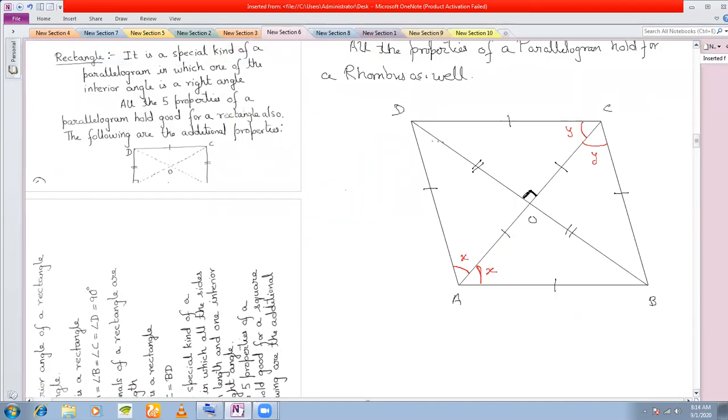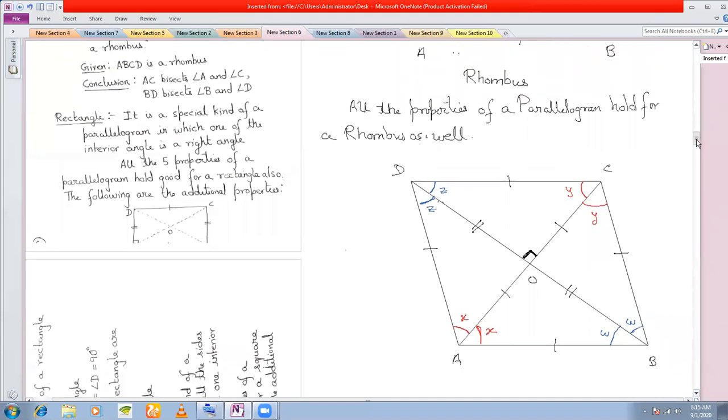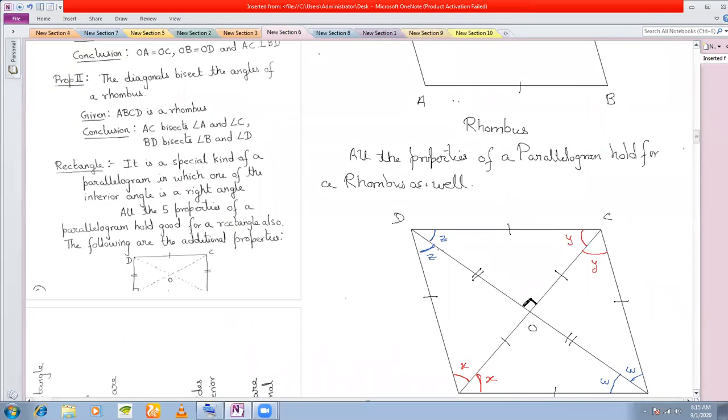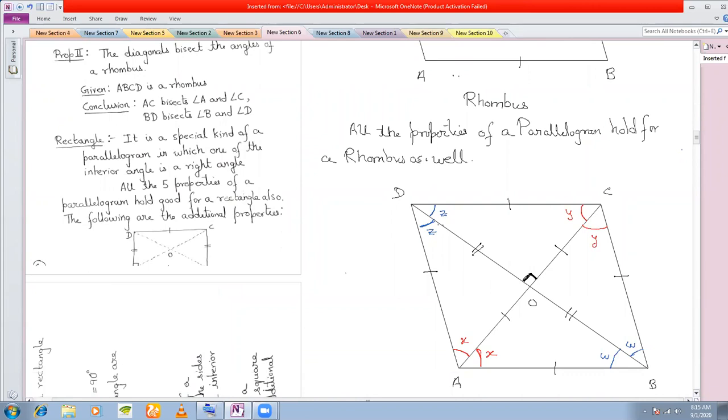The angles associated with the diagonal BD are angle B and angle D. So therefore, these two angles will be equal because BD is the bisector of angle D, and these two angles will also be equal because BD bisects angle B. Okay, so these are the two properties of the rhombus apart from all the five properties of the parallelogram, which also hold good for a rhombus. Any questions here?